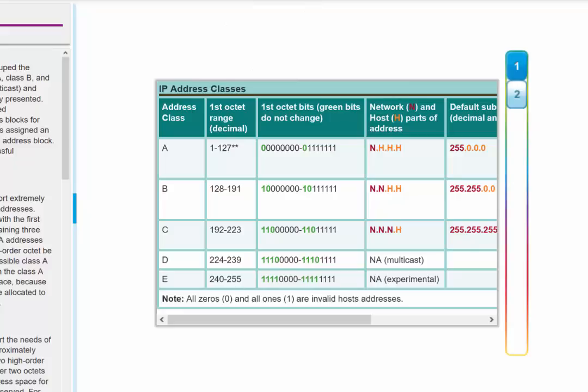So this coarse type of categorization into classes for IP addressing has created a shortage of IP addresses, because you have few networks, only 127 networks, where each one has more than 16 million IP addresses, and you have some networks like the B class, where each one has 65,000 and so on.